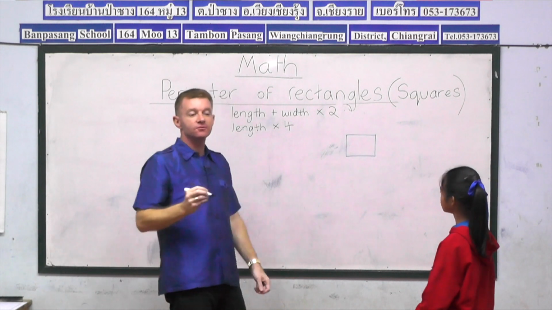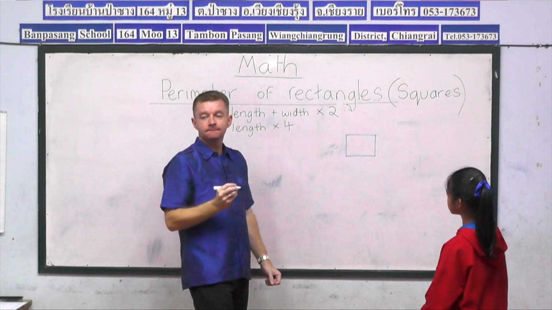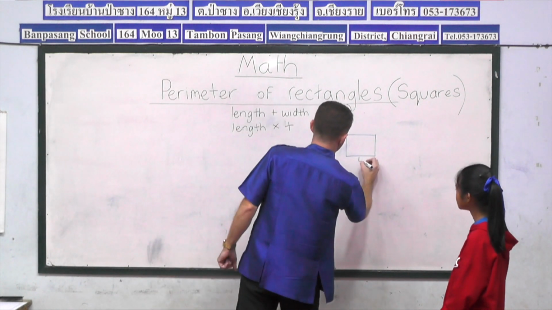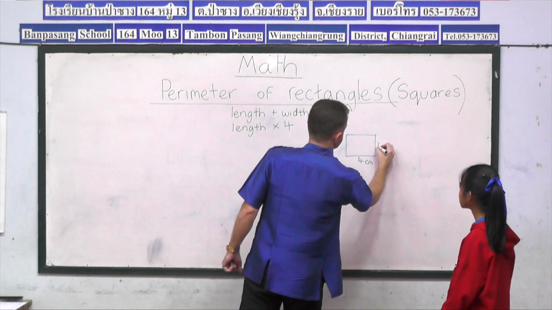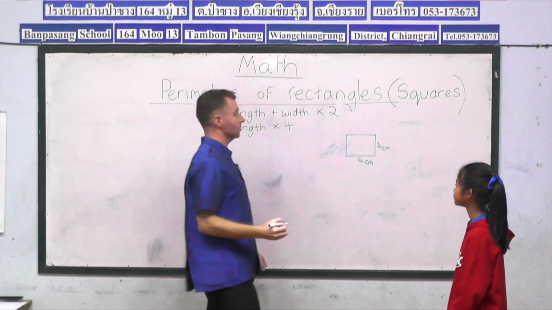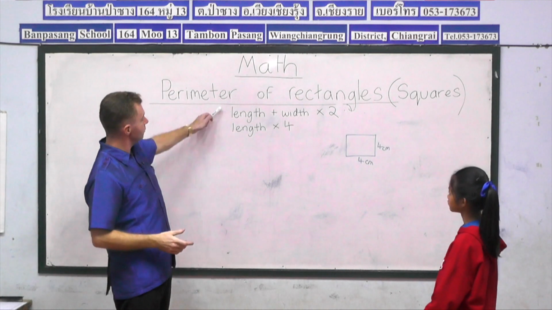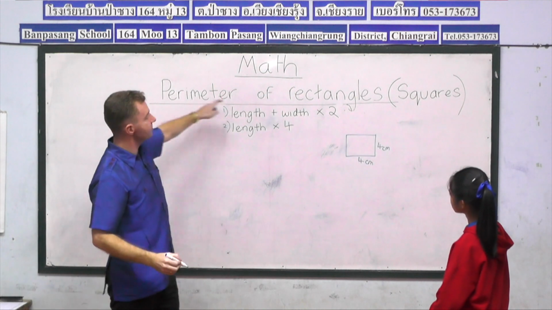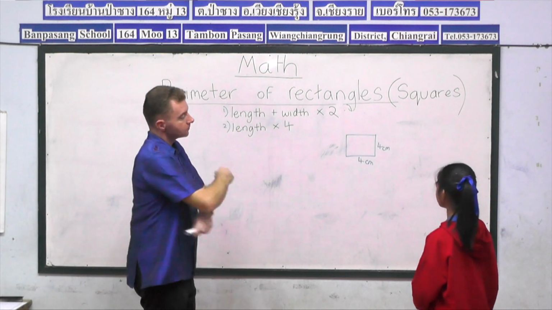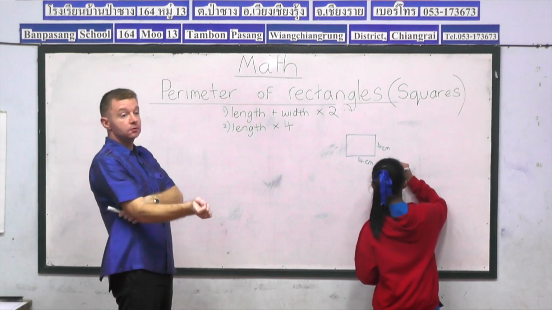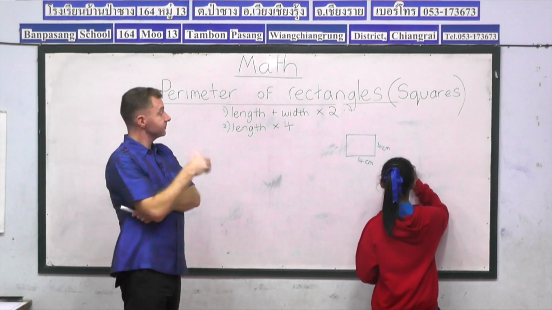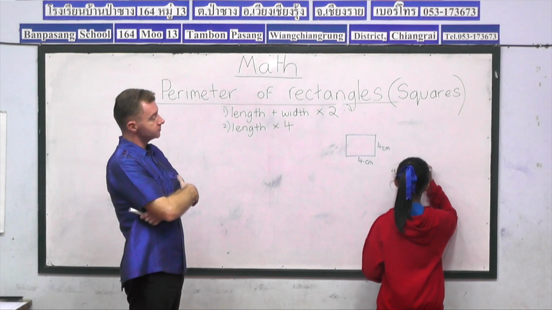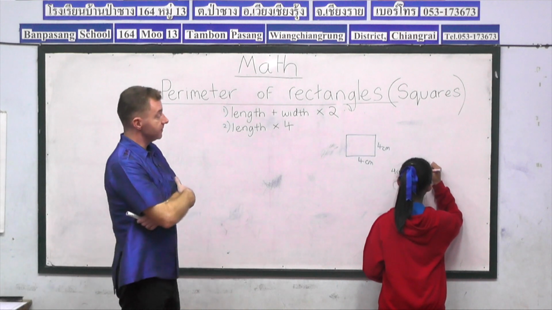How many centimeters for the sides of my square? 4. 4, okay, we'll start with 4 centimeters. So that means that the length and width are the same. Down, can you now use one of the formulas, either 1 or 2, to work out the perimeter of our square? So you can either go 4 plus 4 equals 8. 4 centimeters plus 4 centimeters equals 8 centimeters.